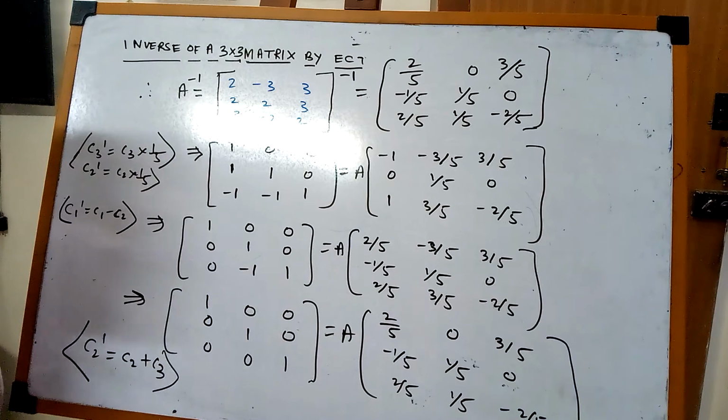In your board paper, this will be a 4 to 6 mark question, and you need to pay proper attention to solve this kind of sums, because a mistake at one step will lead to a wrong result. So when you are applying all these column operations here, be careful in applying those operations.